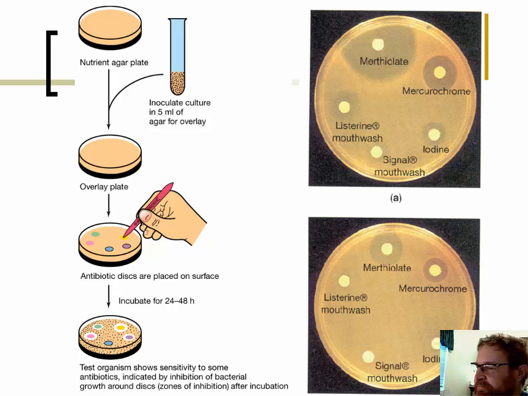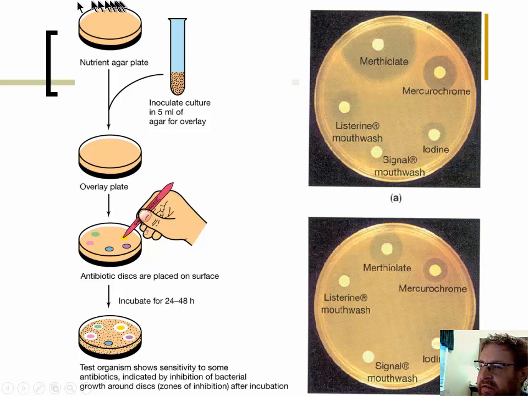One of the methods to compare maybe the killing effectiveness of microbes is something called an agar diffusion, or there's a special term for if you do it with just antibiotics.